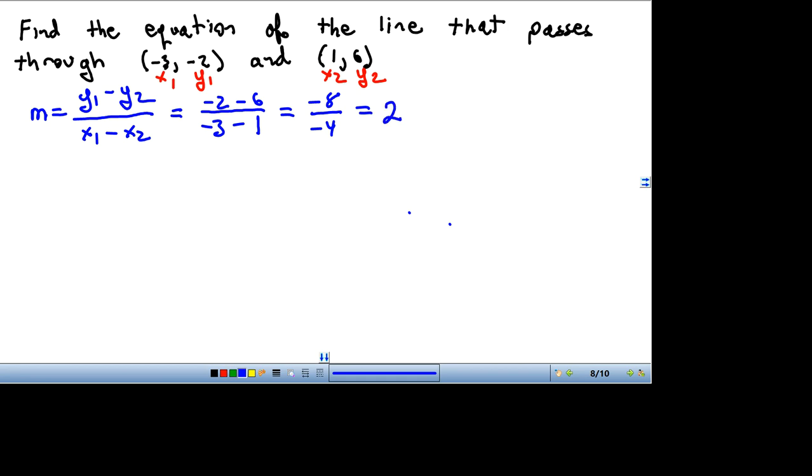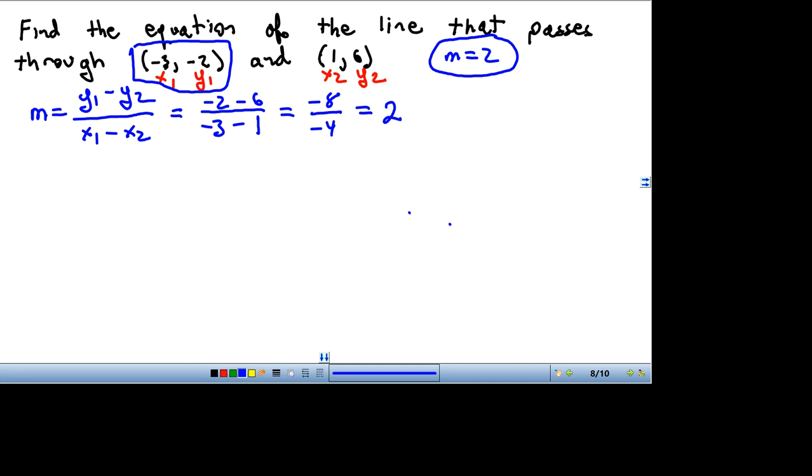My slope is 2. Now that I know m equals 2, my problem becomes just like the problem that I had previously, where they gave me a point, and in this case, they gave me 2 points. Well, pick a point. I'm going to pick this point, mostly because I've already labeled it x1, y1. I don't want to relabel it. And I have a slope.